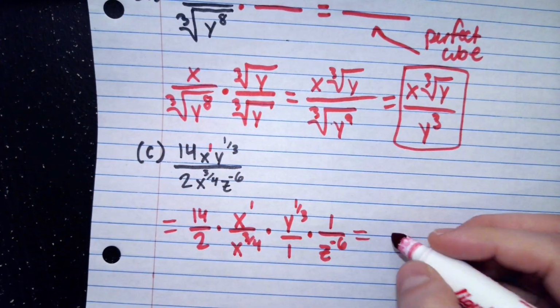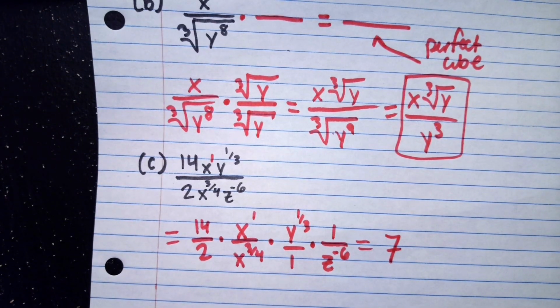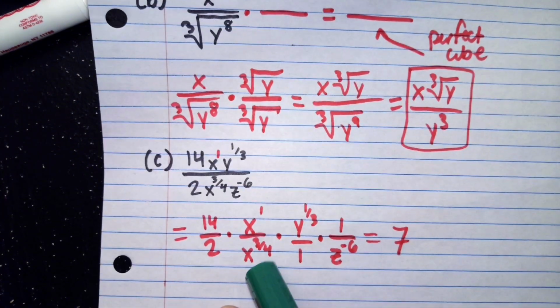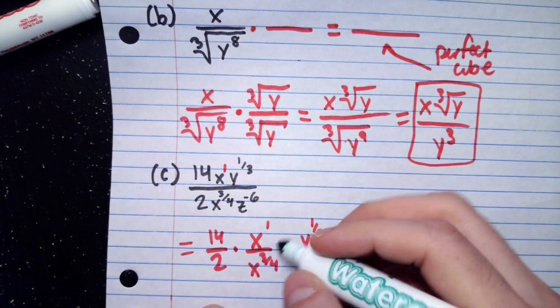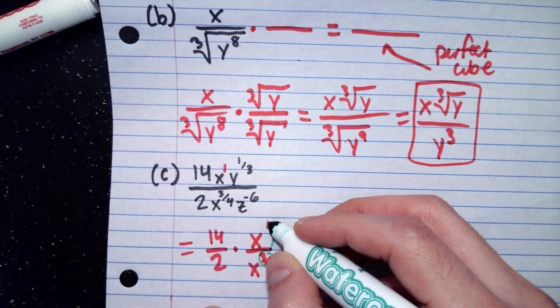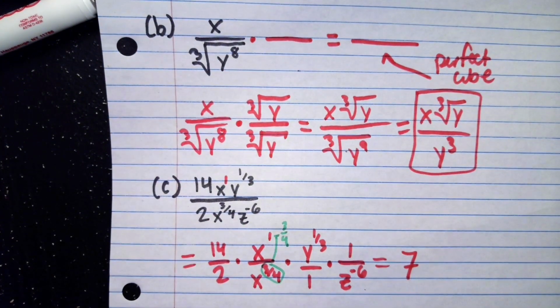14 divided by 2 is 7. And now if we remember our Algebra 1 rules, if I want to combine my powers here, I have to do the opposite, using the exponent quotient rule, which tells me I should subtract 3/4 from 1.